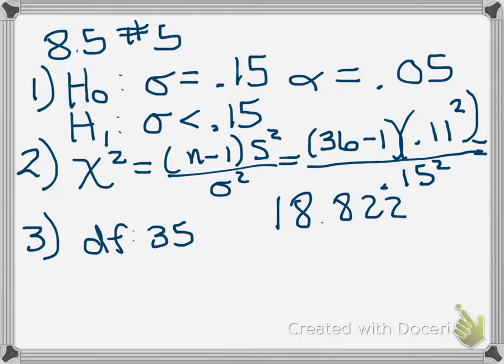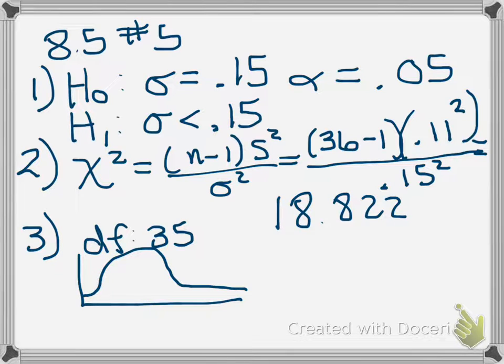Okay, so our table does not have degrees of freedom of 35, so you can use 30 or 40. I always suggest using the lower one. The book kind of went halfway between, but again, I'll let you decide and I'll talk about that later.